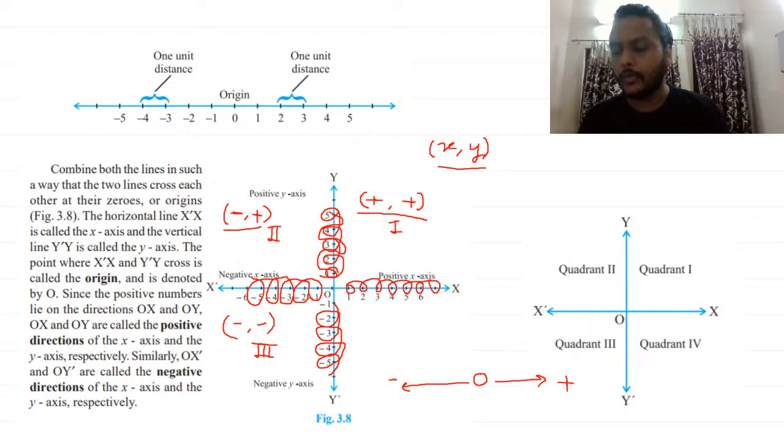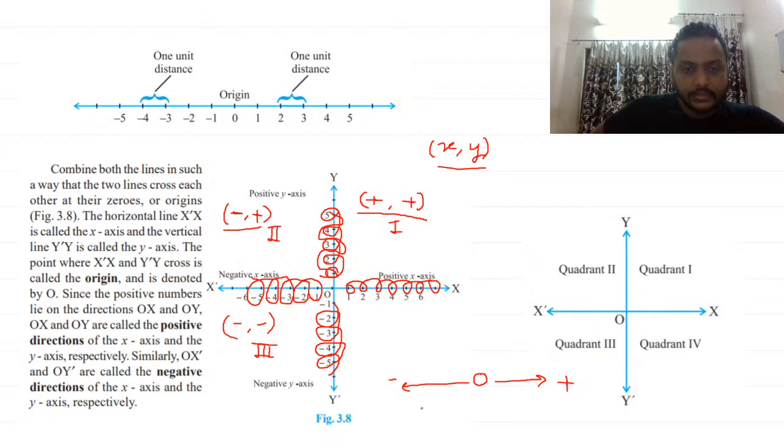Okay, now moving forward, what I'm going to do next is this, guys. Now if I talk about the fourth quadrant, in my fourth quadrant what will happen? In my fourth quadrant, guys, if you see, your x is positive, this is your x, right?